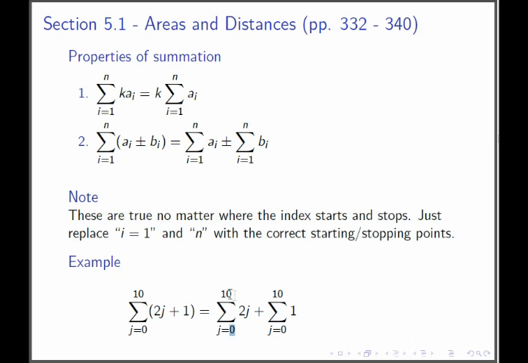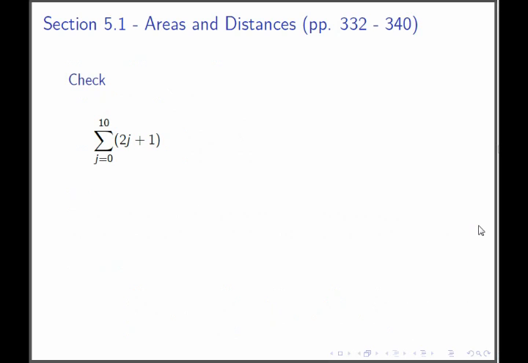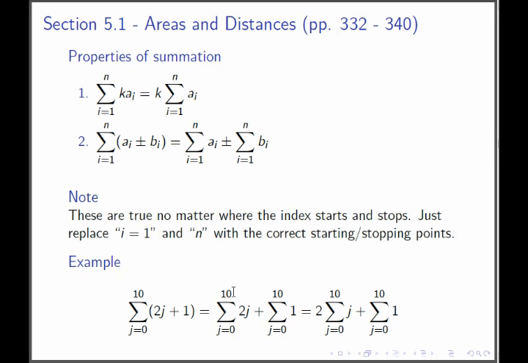The starting and stopping points for the index remain the same as for this original sum. Next, I'm going to use this constant multiple rule to bring the 2 out front. And this is now, well, it may look more complicated, but in fact this is an easier sum to work with. But first, let's see what this actually means in traditional notation. What did this line actually mean?